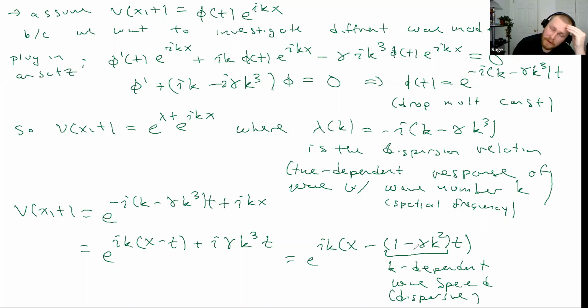This kind of reminds me of von Neumann stability analysis for numerical PDEs. Yeah, right. Where you plug in a separated variable ansatz, and then you see how different terms in the approximation grow. Yeah, I think so. It's been a while since I've done it, but the substitution of the eigenmodes, yeah.